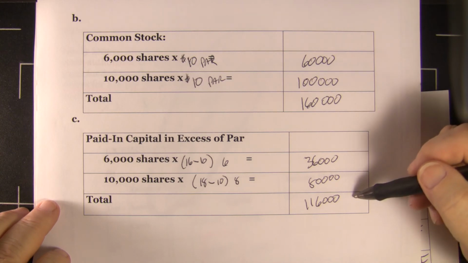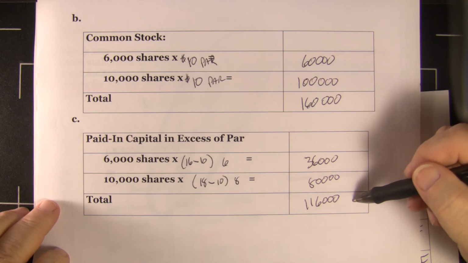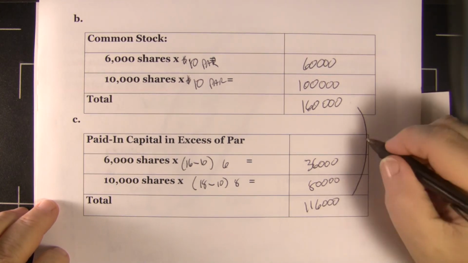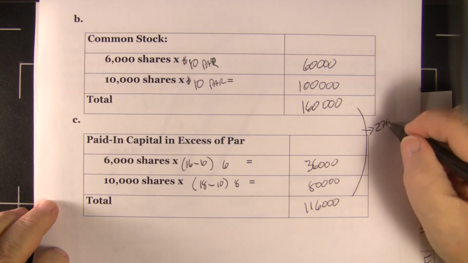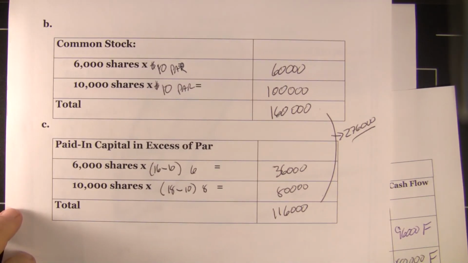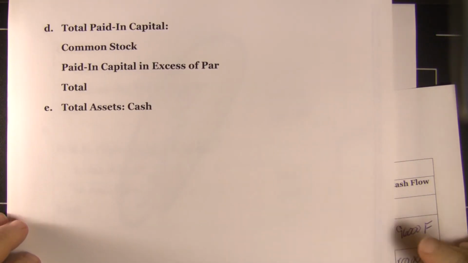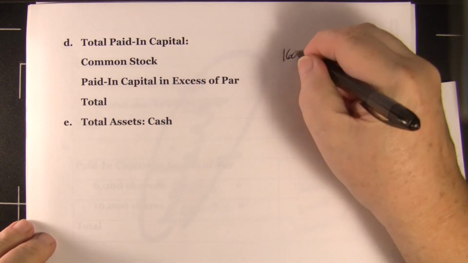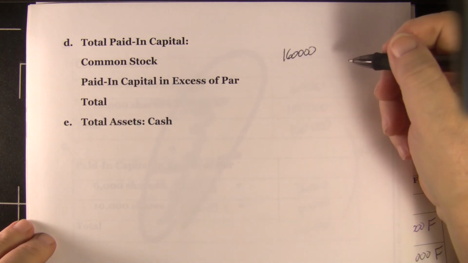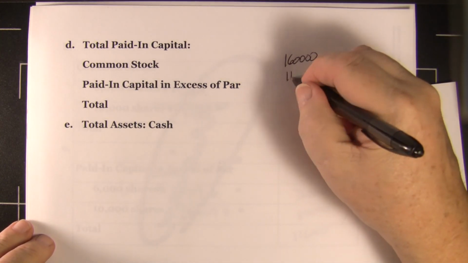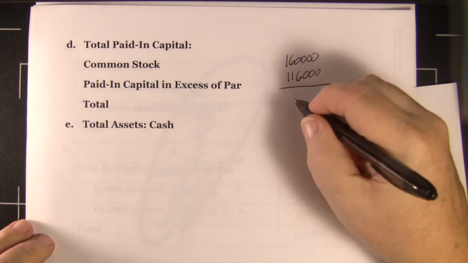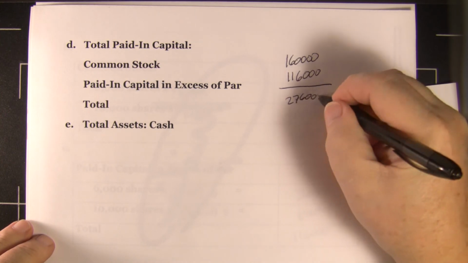The additional paid in capital in excess of par, 116, that was paid in. You add those together, you come up with 276,000. That's the total paid in capital.